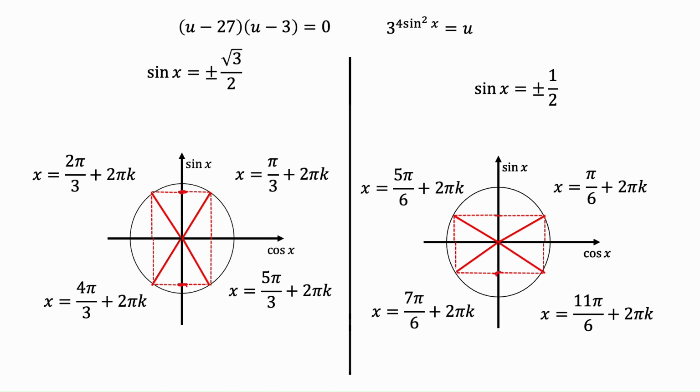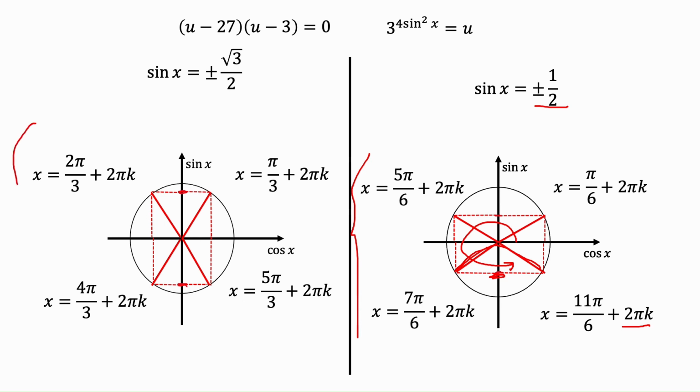And again, here we have 2 other sets of answers because this line and this line have the same sine value. And the angle here is going to be 11 pi over 6 plus 2pk. And these are our sets of answers for sine x equals positive or negative 1 over 2.